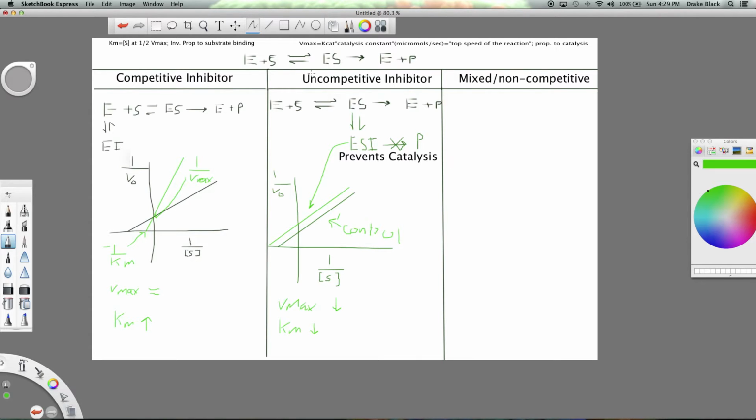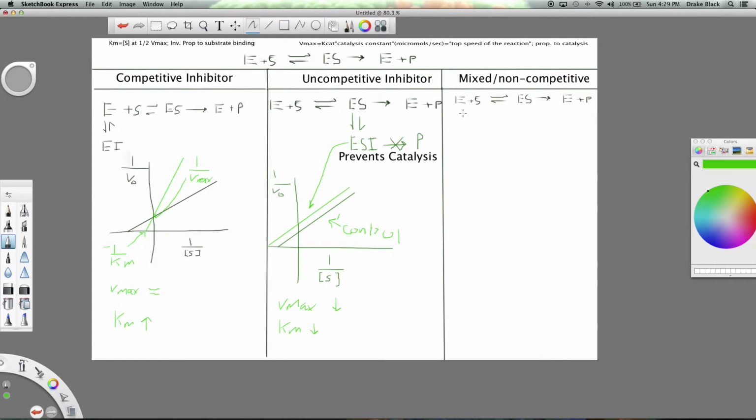And now let's get to our last one, which is the mixed / non-competitive inhibition. Okay. This here. So what happens here is there are 2 different binding sites on the enzyme.